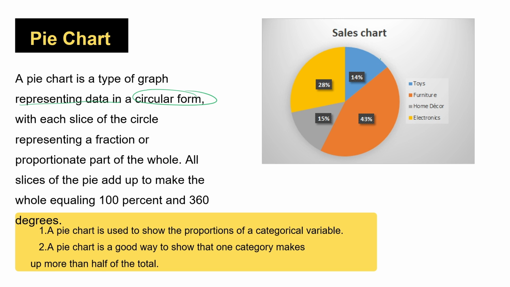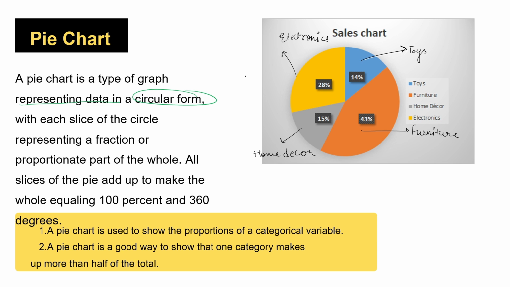Like here we can see that blue represents toys, this represents furniture, home decor, and electronics.